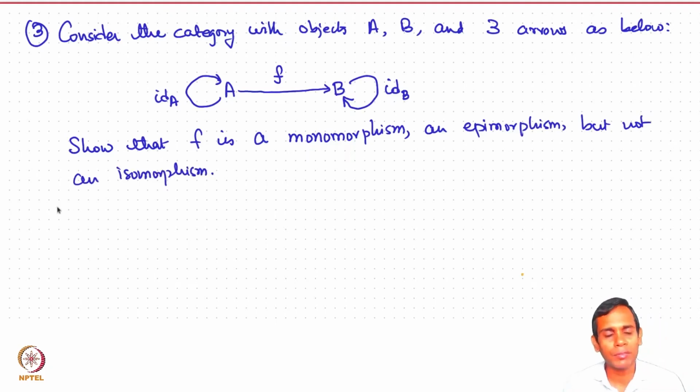Okay, so just pause your video and think about this. You need to maybe go look up the definitions of monomorphism, epimorphism and isomorphism, and then try to solve this problem. If not, you can watch me explain the solution. This is just a matter of definition.